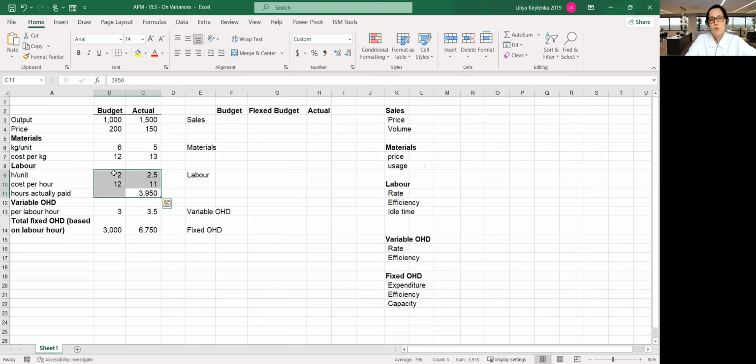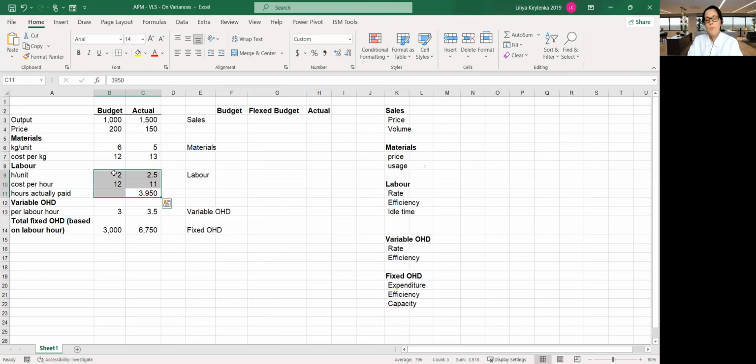We need to hire them for a shift, for example. And if a shift lasts for 8 hours, then they will need to be employed for 24 hours, meaning that that difference of 6.5 hours is going to be idle time. Idle time means that employees got their wages, but did not work for the company. And that is the difference that we have.